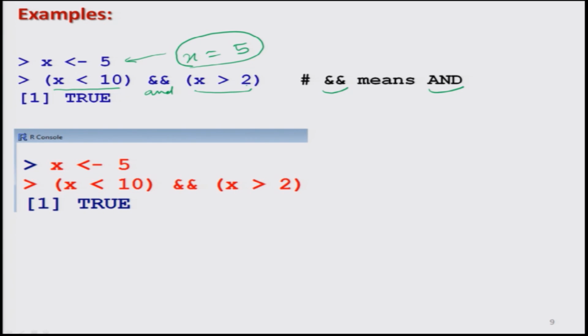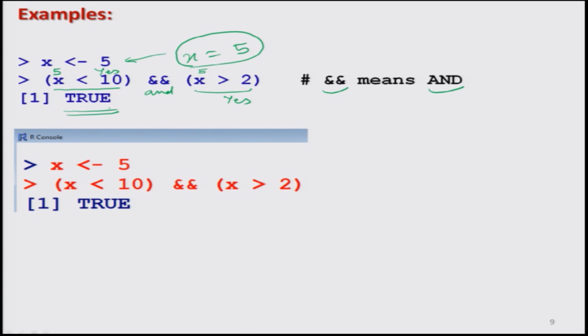Obviously, if I write 5 here, you can see 5 is less than 10, the answer is yes. 5 is greater than 2, the answer is yes. So, that means 5 is less than 10 and 5 is greater than 2. The answer is yes, and the answer comes out to be TRUE.